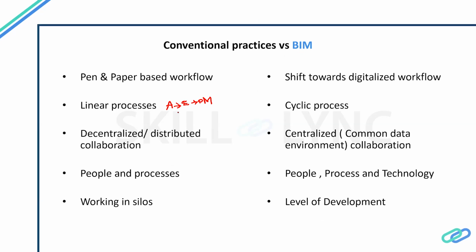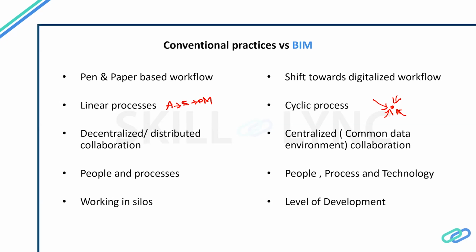One person gives their detail to the next person, who gives their detail to the next person on the line. And here, in the cyclic process, because the process is collaborative, all of them reach out to a common point to access their own information.